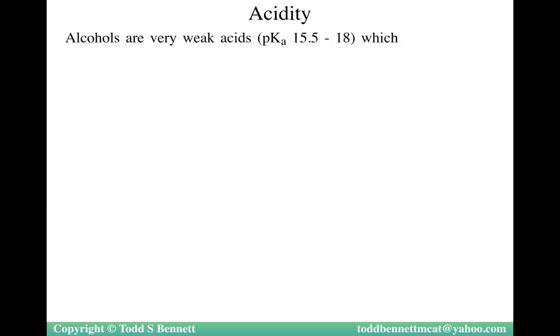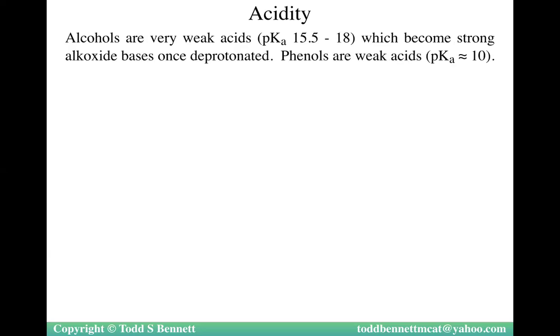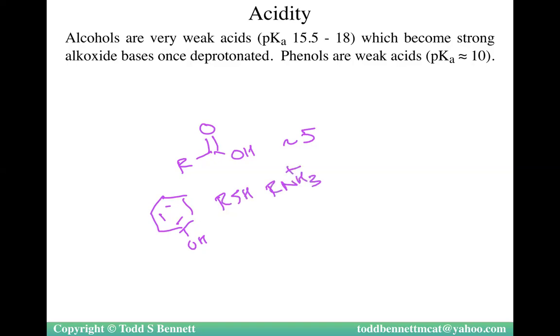So keep in mind the 5, 10, 15, 20, 25 rule. For common organic compounds, carboxylic acids are around 5. In reality, they're down to around 2 to 5. Phenols, thiols, and protonated amines are around 10 for pKa.